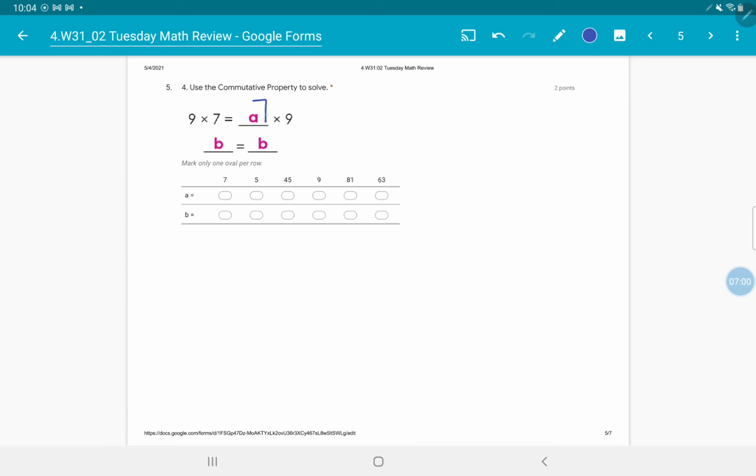A is equal to 7. Alright, so now to find B, what is 9 times 7, Ansley? 63. And what is 7 times 9? 63. So B is equal to 63.